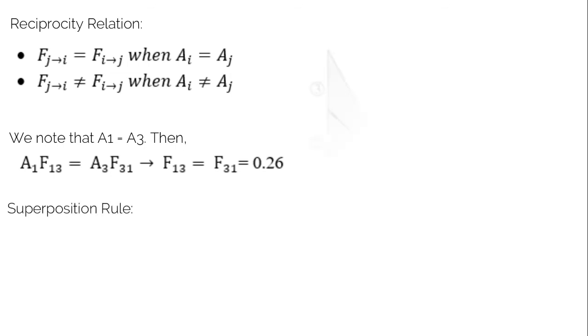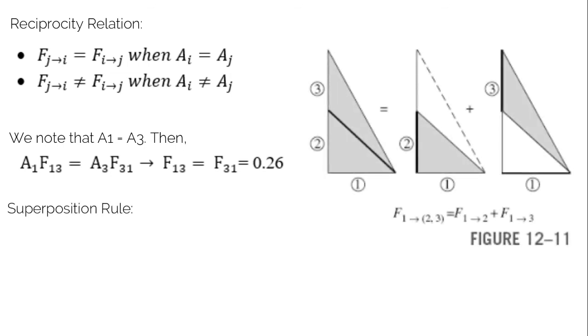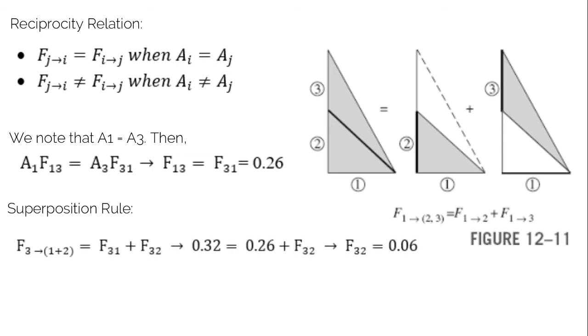This figure shows that the view factor from 1 to the combination of surfaces 2 and 3 equals the view factor from 1 to 2 plus the view factor from 1 to 3. So, we use the superposition rule and apply it to our equation. We get the view factor from 3 to the combination of surfaces 1 plus 2 equals F3 to 1 plus F3 to 2.